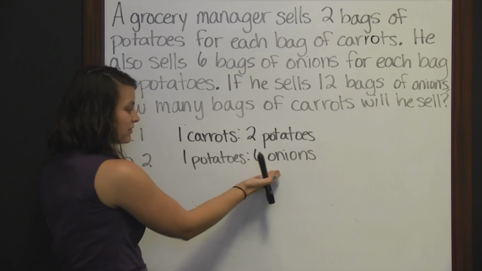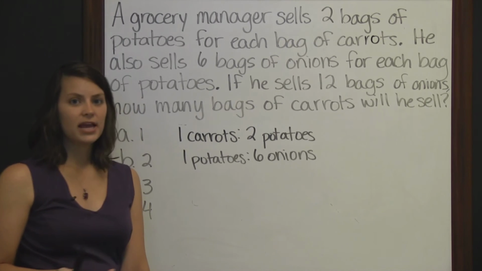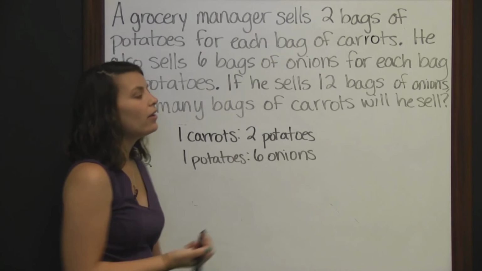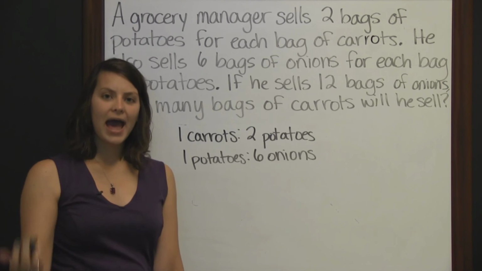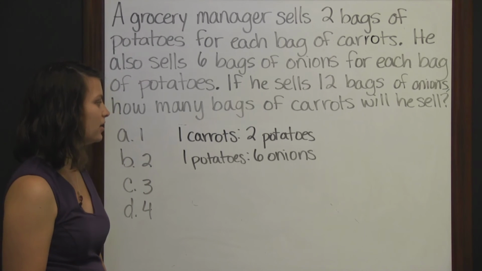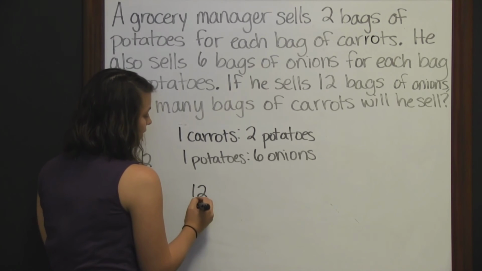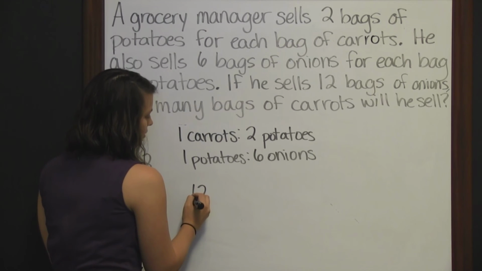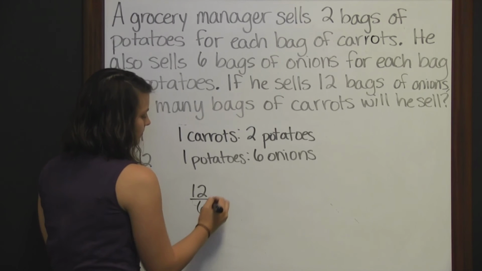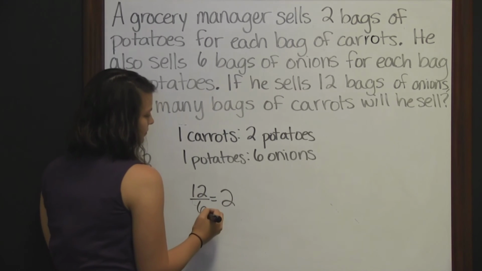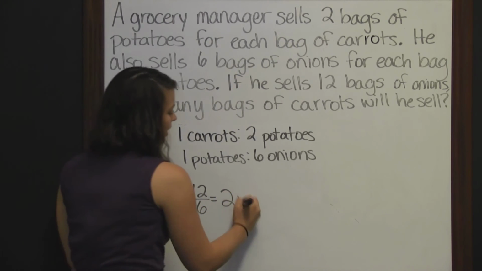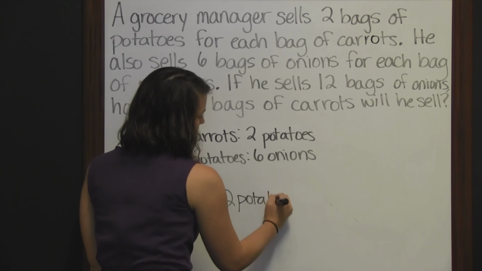Well, 6 bags of onions is 1 bag of potatoes. So 12 bags of onions would be how many bags of potatoes? So we take 12 and divide that by 6, and we get 2. So that's 2 bags of potatoes.